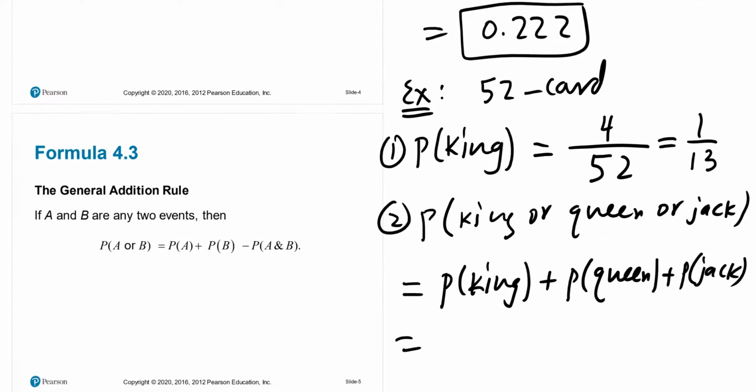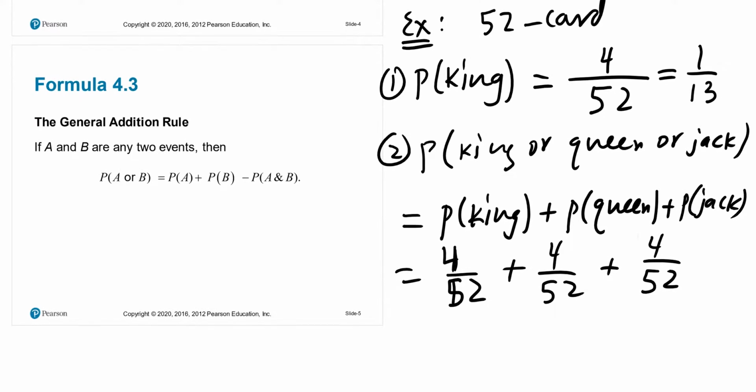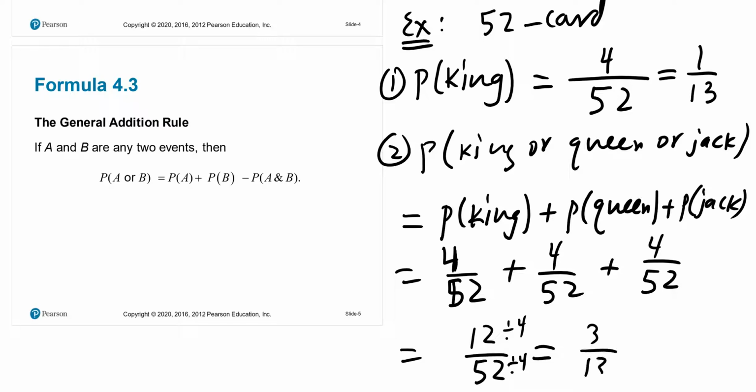What's the probability of selecting a king? We just found it: 4 over 52. Same thing for the queen and the jack. They all have the same denominator, so you add the top ones. Both are divisible by 4, so if you divide top and bottom by 4, that gives us 3 over 13.